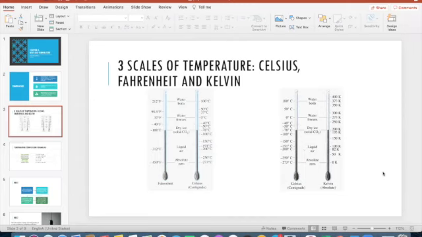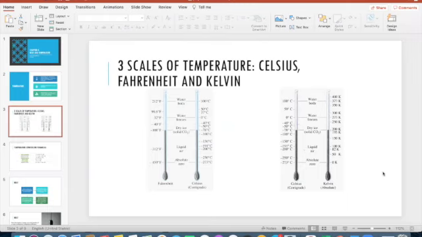Pretty much the entire international science community uses the SI unit scale except America. So we kind of have our own little thing going here. When we talk about the temperature on the news, they usually put it in either Fahrenheit or Celsius, but the SI unit temperature is actually Kelvin.